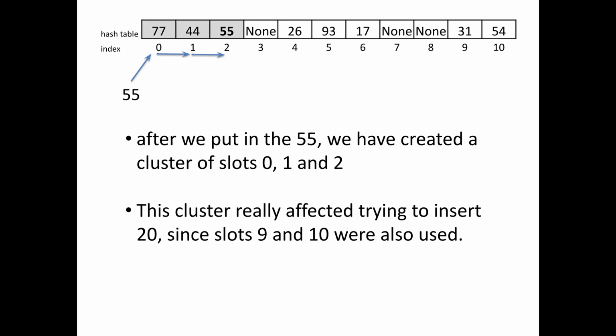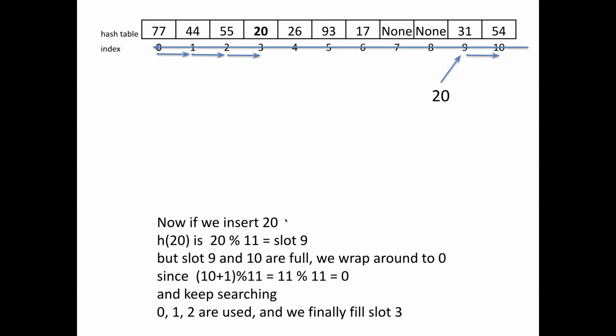Now we have a cluster at 0, 1, and 2 of items that all hash to the same value. It's really ineffective when trying to insert 20, because slots 9 and 10 are also used, right? So 20 modulo 11 is 9, it's occupied, and you have to go all the way to number 3, and then you put 20 in.